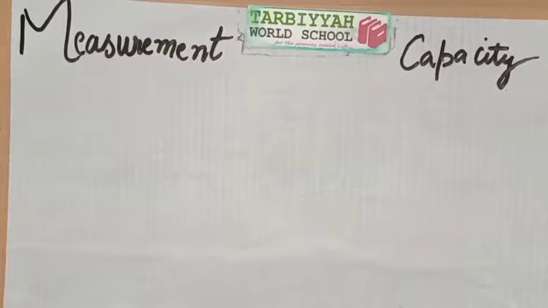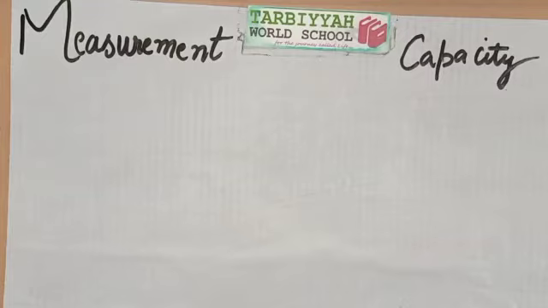We can measure the capacity of milk, oil, petrol, kerosene. These are measured in liters and milliliters. So liters and milliliters are standard units of capacity.